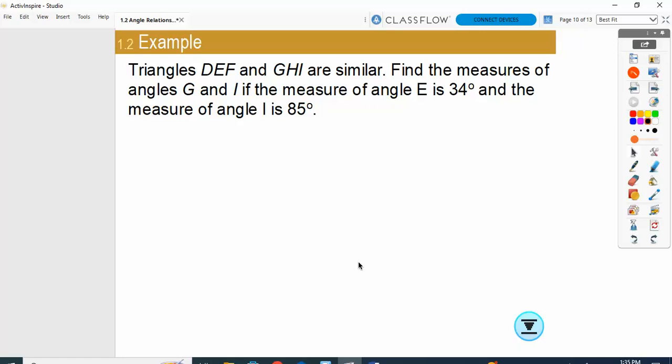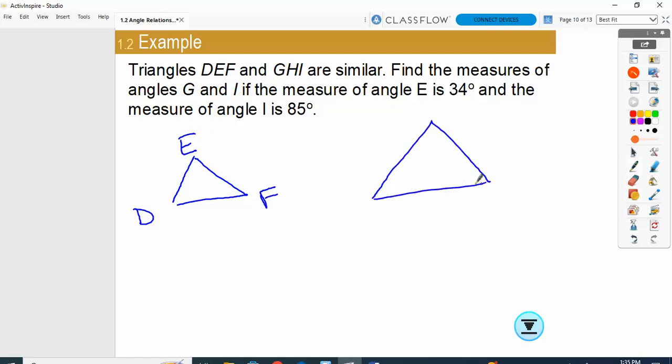So when I'm drawing similar triangles, I did not give you any information about their sides. So all I could do is draw a rough sketch. Any triangle is fine because I don't know much about it. I have triangle DEF and I have triangle GHI. When I'm listing similar triangles, the order is important.